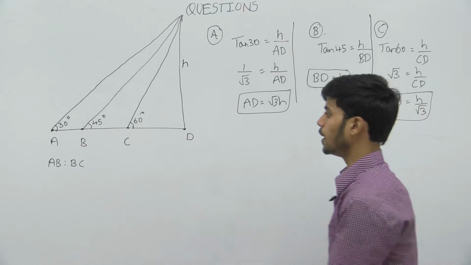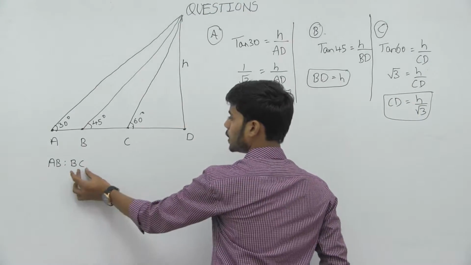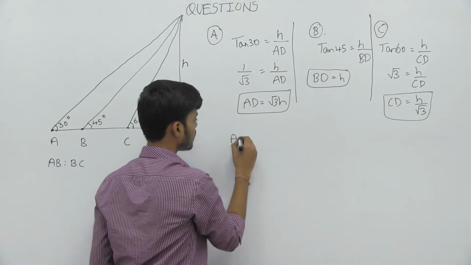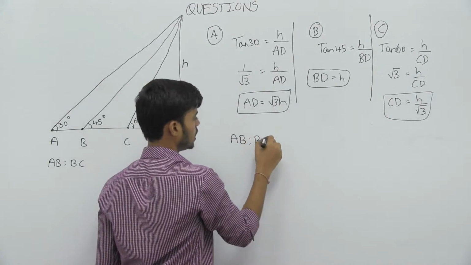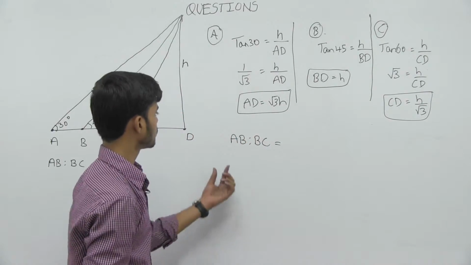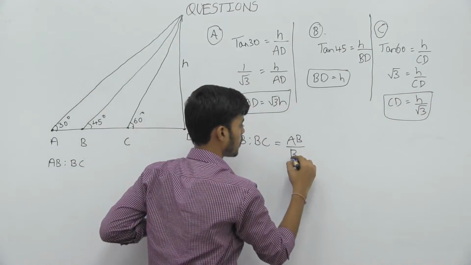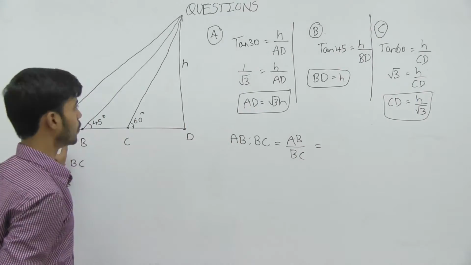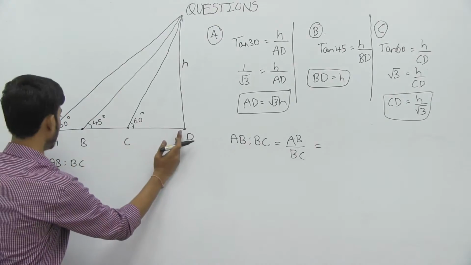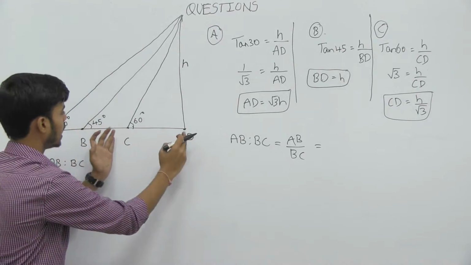Now we need the ratio of AB is to BC. So AB is to BC is equal to AB by BC. Now we know the values of AD, BD and CD.